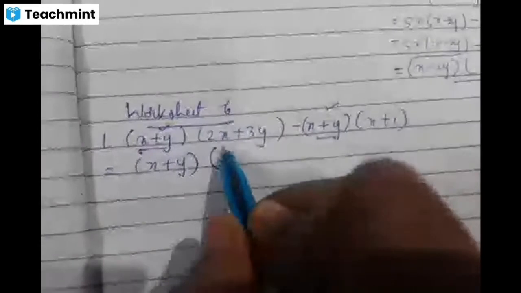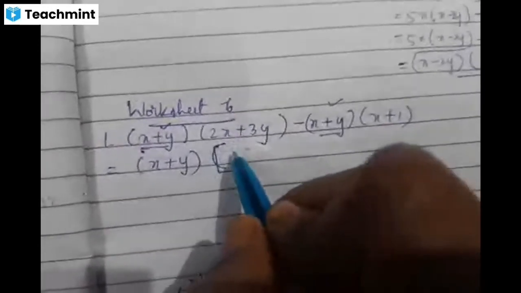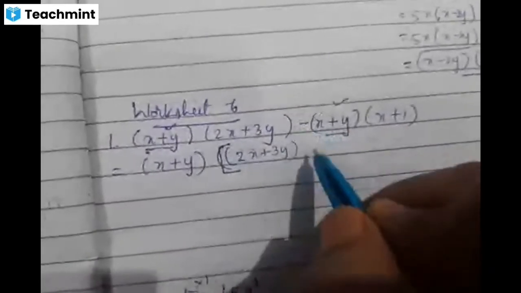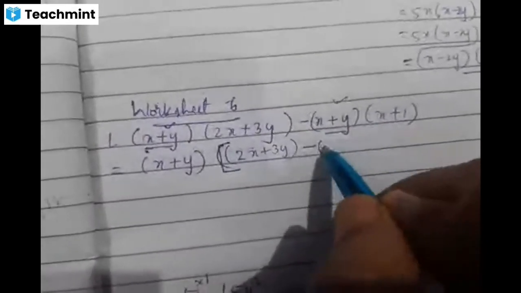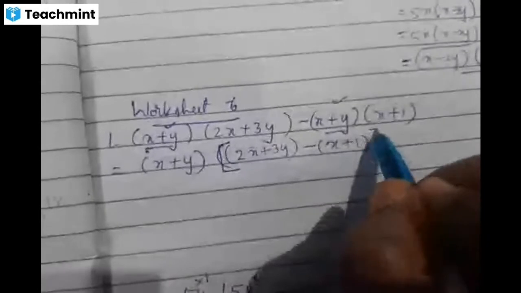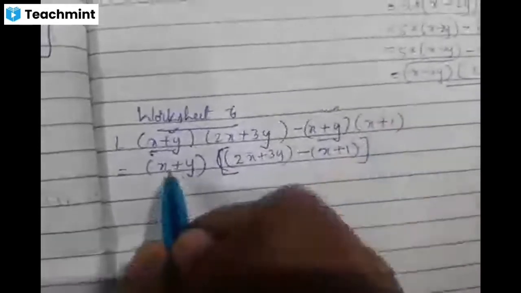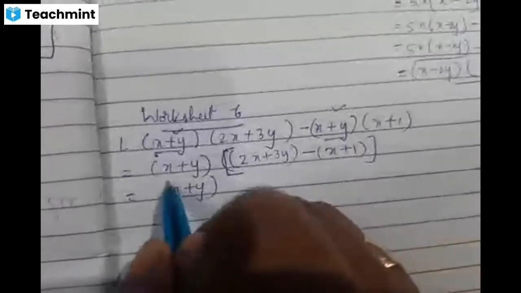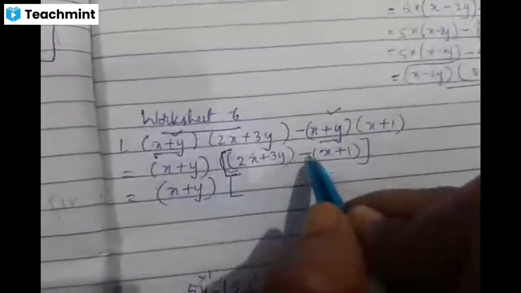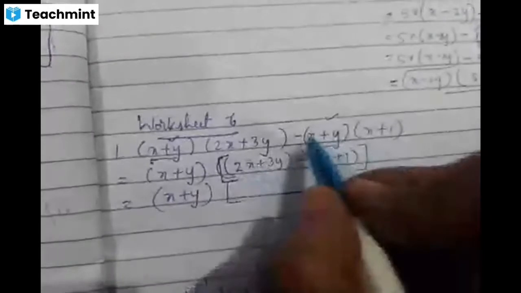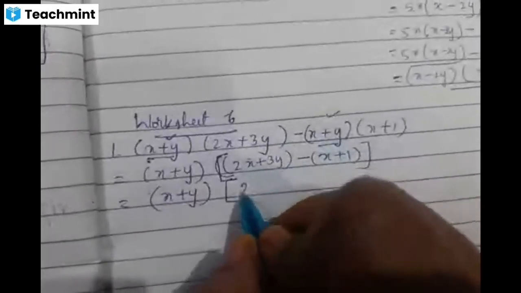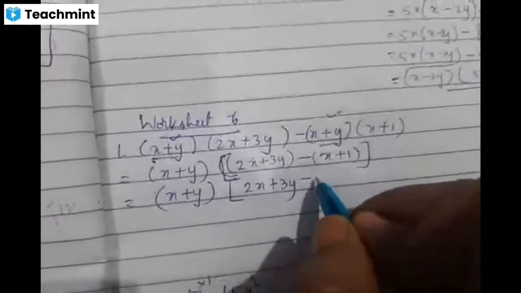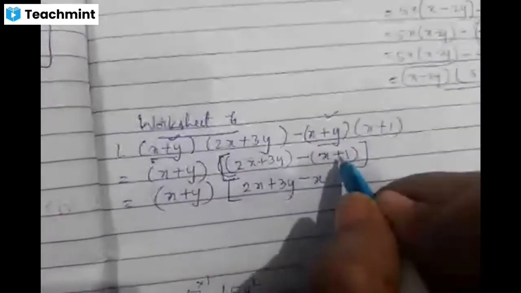Now what is left inside the brackets? 2x plus 3y and minus is here, right? Minus x plus 1. Because there is a bracket, use the brackets, children. Next, this is not completed here. X plus y as it is. But let us remove these brackets and let us solve inside the big brackets. 2x plus 3y minus 1 into x is minus 1.